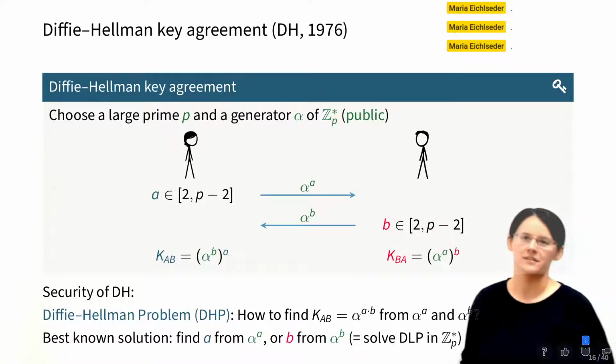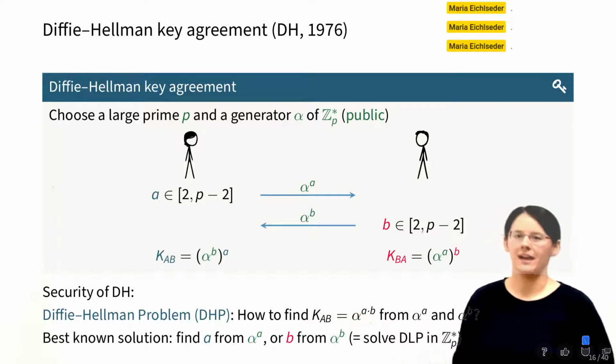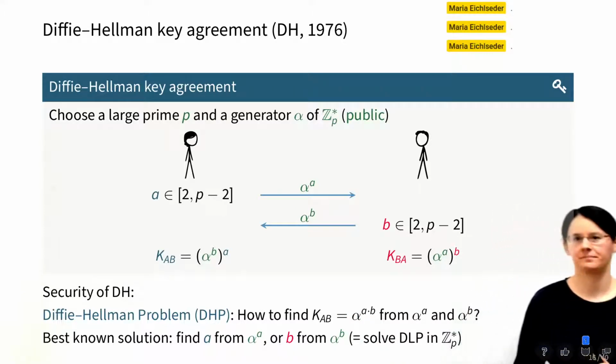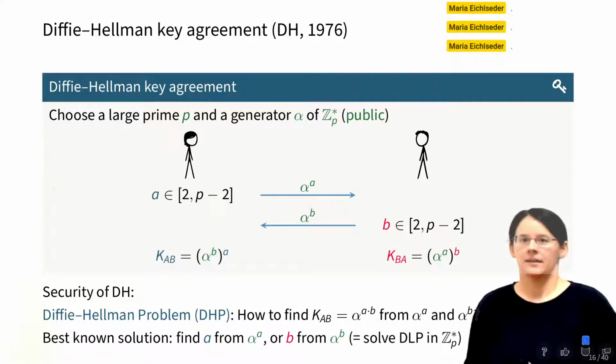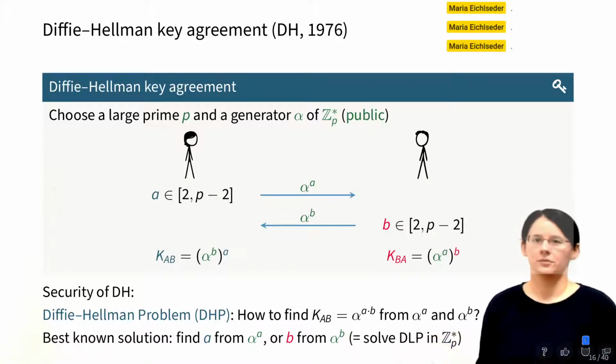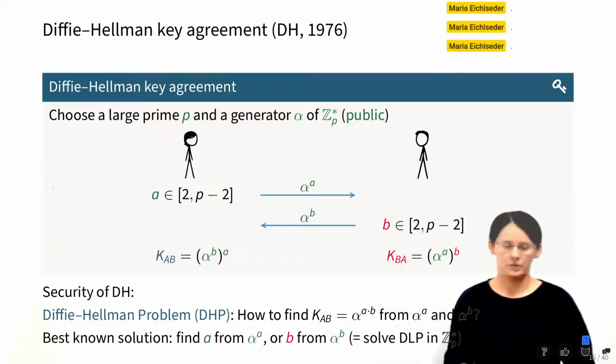And this still seems to be very hard. The belief is that the hardness of the Diffie-Hellman problem is essentially the hardness of the discrete logarithm problem. But we don't have any proofs for this. This is only the best known solution to solve the discrete logarithm.